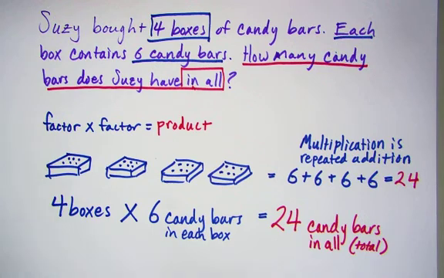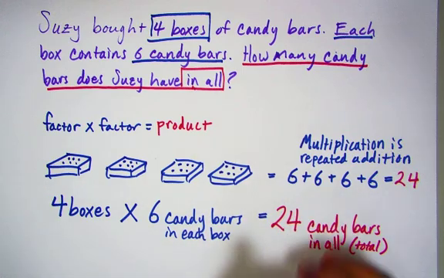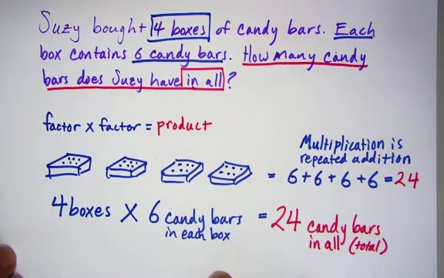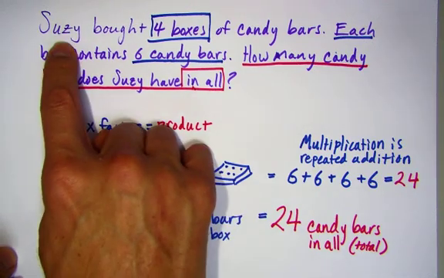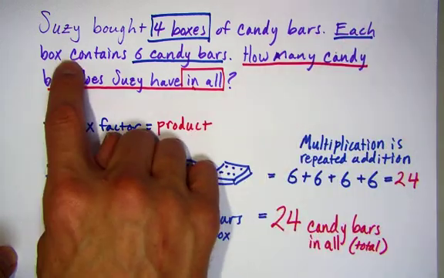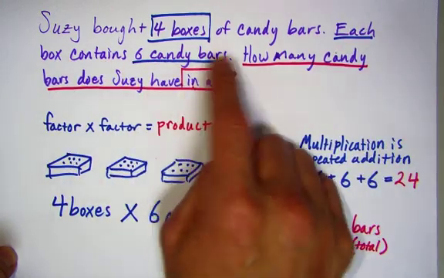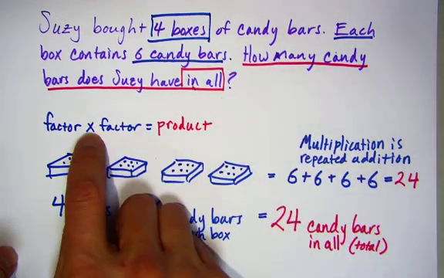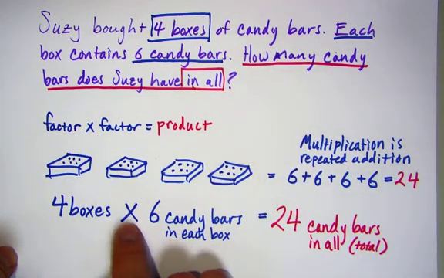Okay. Let's review really quick, and you can go ahead and stop the video and go do other things, or we can review. So here we go. Here's our review. Susie bought 4 boxes of candy bars. Each box contains 6 candy bars. How many candy bars does Susie have in all? I can use multiplication to figure this out.